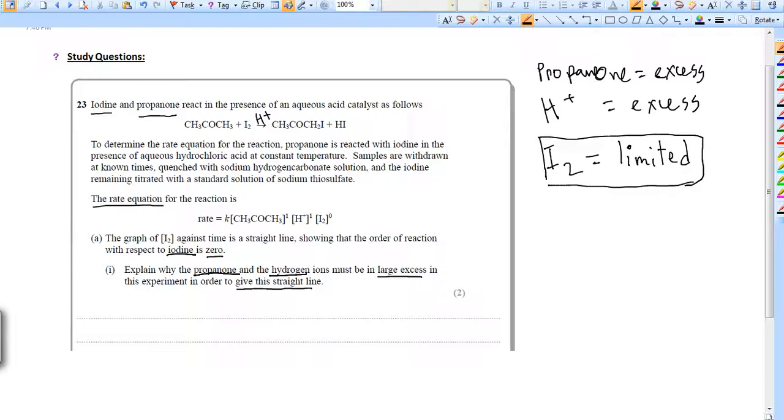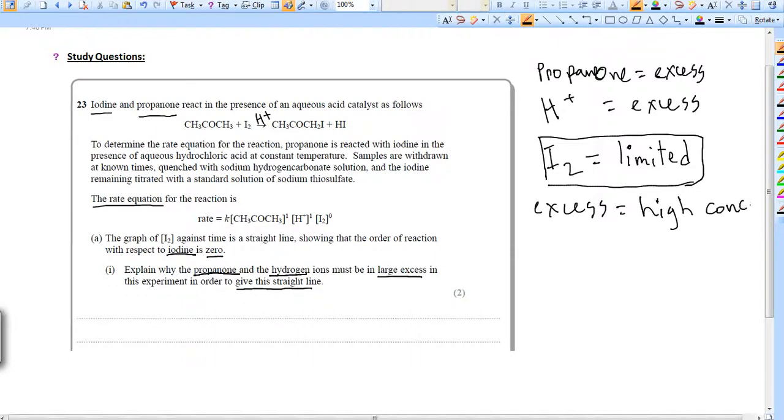Since we have taken these in large excess, excess means higher concentration. Their concentration is very high, so their change in concentration with respect to time will be negligible.